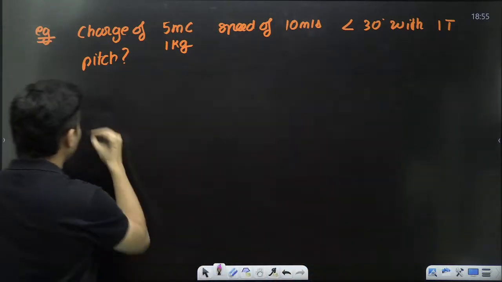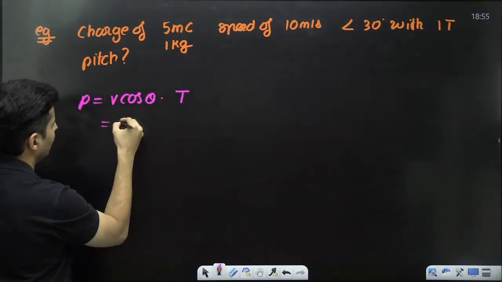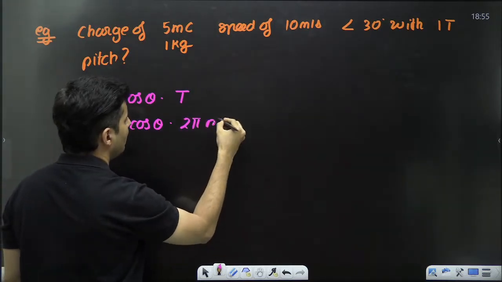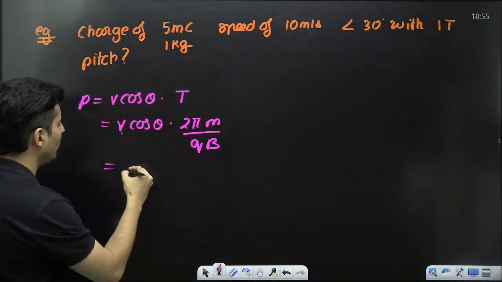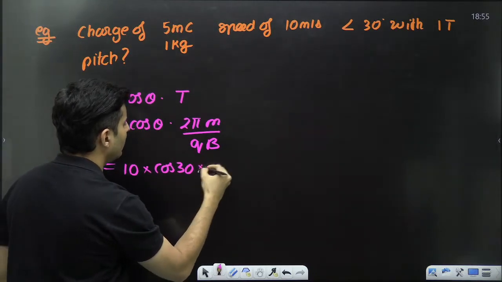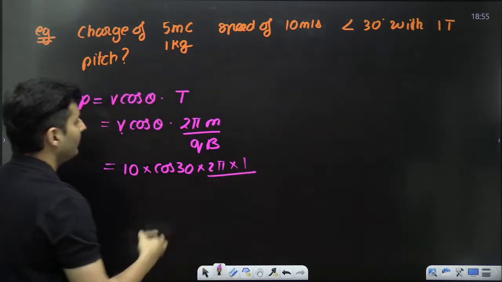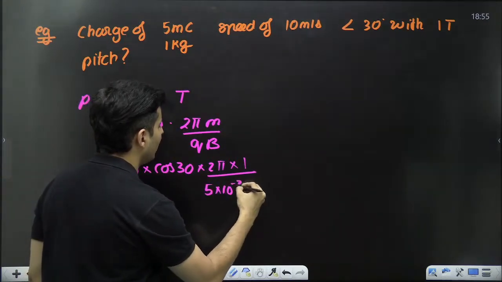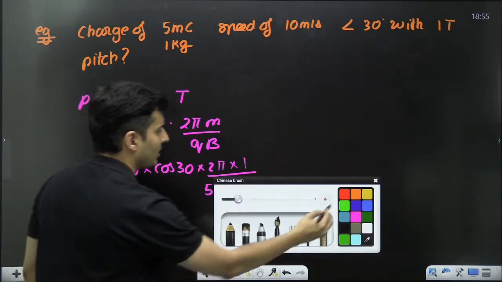So in order to find the pitch, what we need is v cos theta, and I need to multiply it by the time period. The time period is nothing but 2 pi m by qB. Now you start substituting everything. Velocity is given to be 10. Cos of 30, into 2 into pi into mass, mass is 1 kg, divided by charge into field. Charge is 5 millicoulomb, so 5 into 10 to the power minus 3. Magnetic field is 1 Tesla. You can see many things will get cancelled.